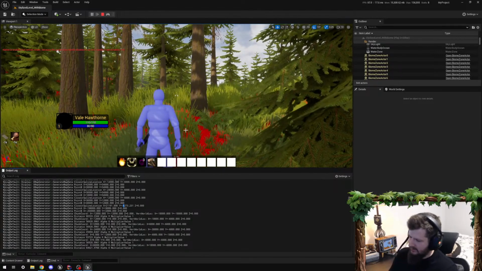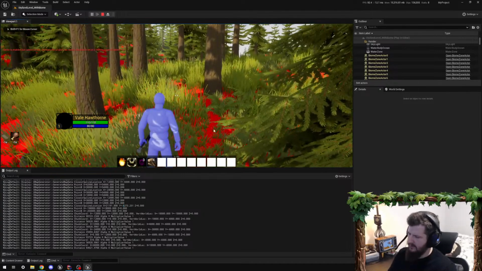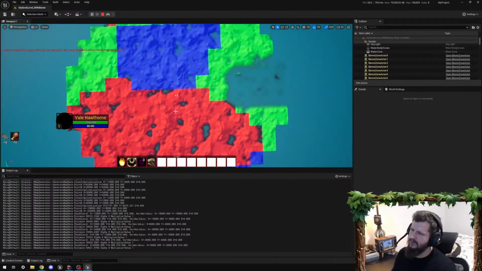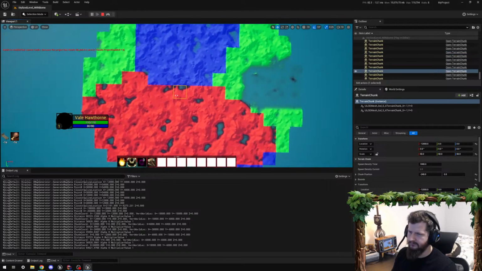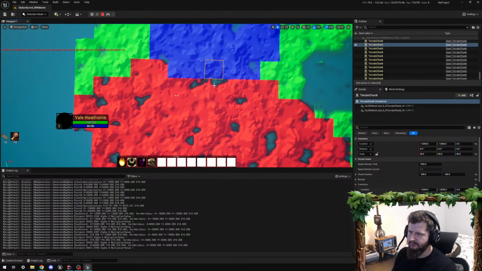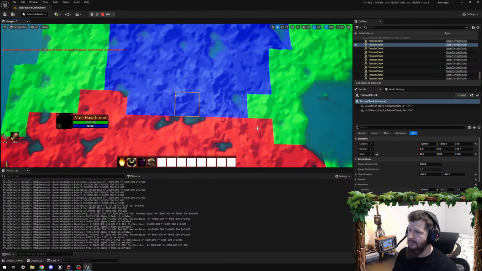So let's look at chunk negative 12,000, 12,000. That would be negative 1, negative 1. It's that one. No, that one. And so it's saying the closest point is at 12,000.